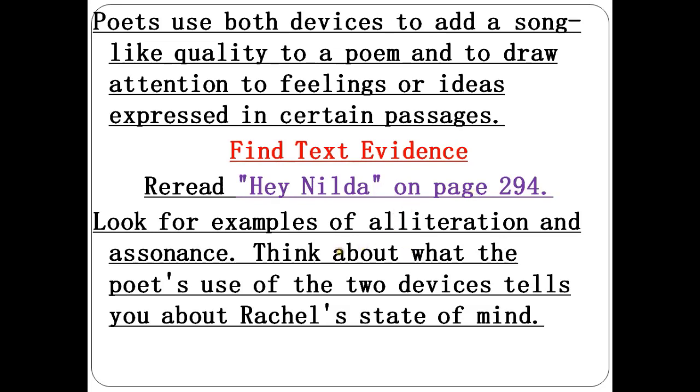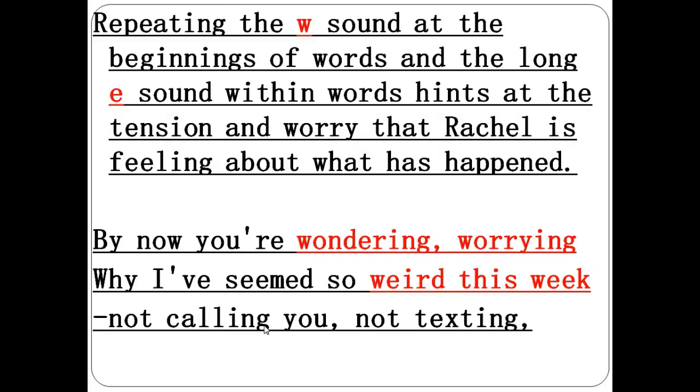Think about what the poet's use of two devices tells you about Rachel's state of mind. Repeating the W sound at the beginning of words and the long E sound within words gives a clue at the tension and worry that Rachel is feeling about what has happened.